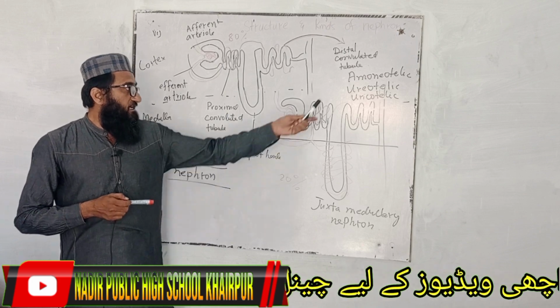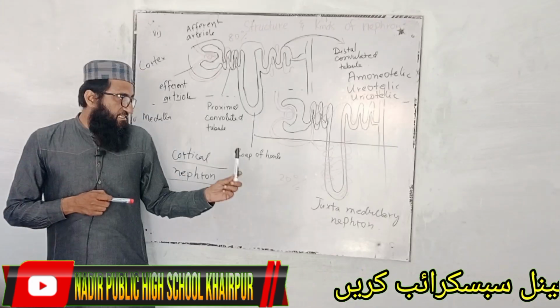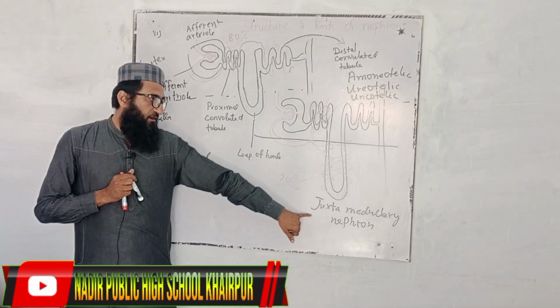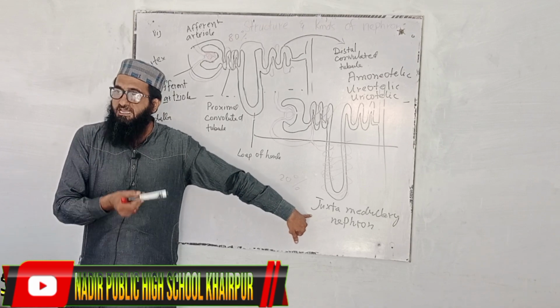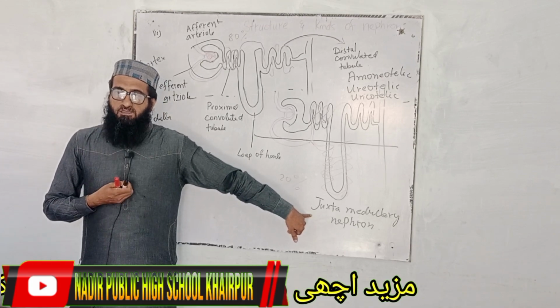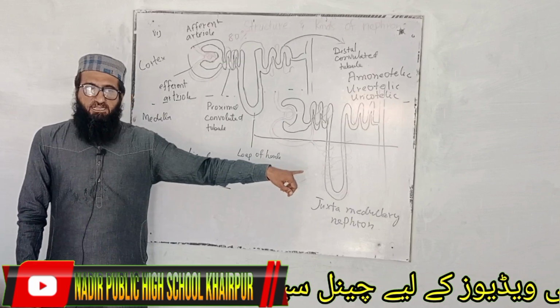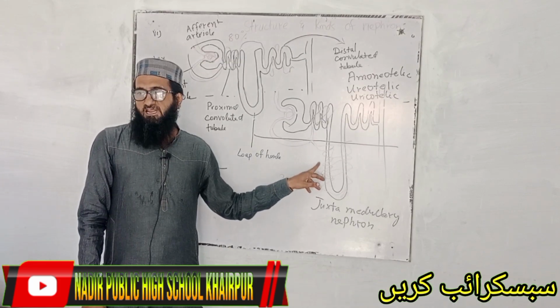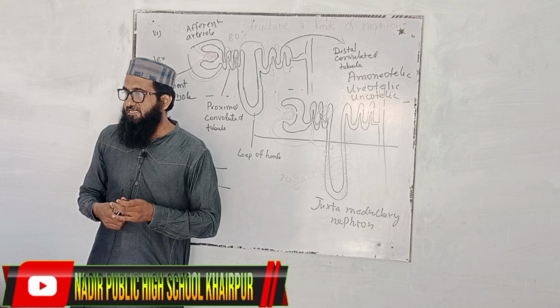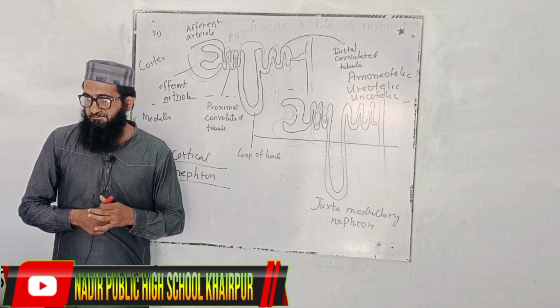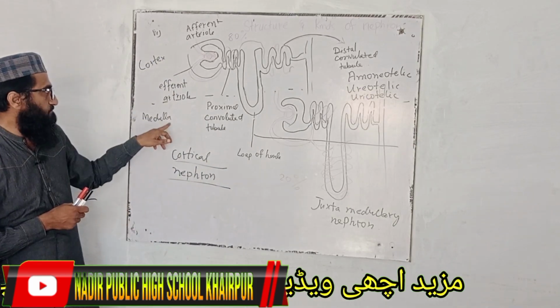So when an organism is uricotelic, the maximum quantity of juxtamedullary nephrons is present in their body. In birds, their kidney has a maximum amount of juxtamedullary nephrons, because in loop of Henle maximum amount of water is reabsorbed. Clear? Any question?